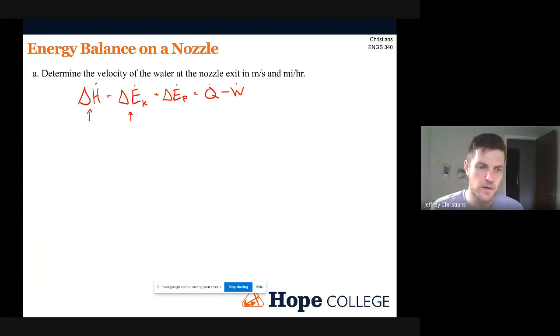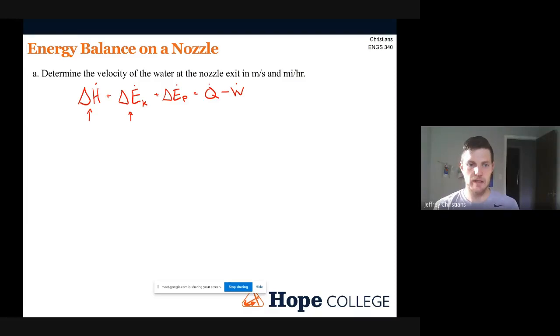Kinetic energy, we're going to have kinetic energy changes because that's the point of a nozzle. Generally, these are the only systems where we really have major kinetic energy changes. In a different kind of system like a turbine, we would expect kinetic energy changes, but they're small relative to the other types of energy in the system, so as a first approximation we can ignore them.